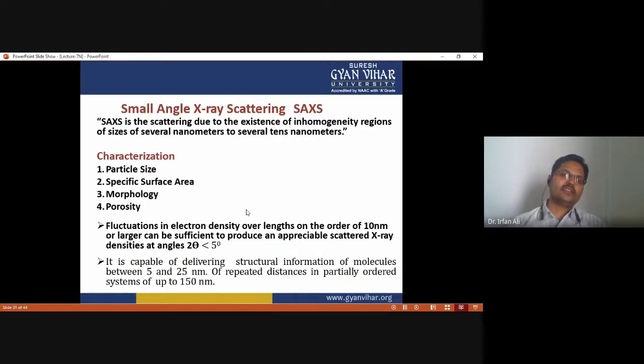And the next technique is small angle X-ray scattering technique, SAXS. SAXS is another technique that utilizes scattering due to the existence of inhomogeneity regions of the size of several nanometers to several tens of nanometers.